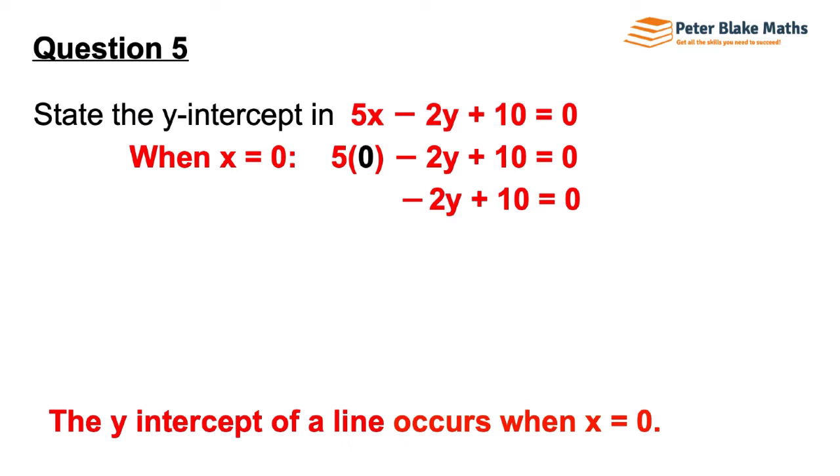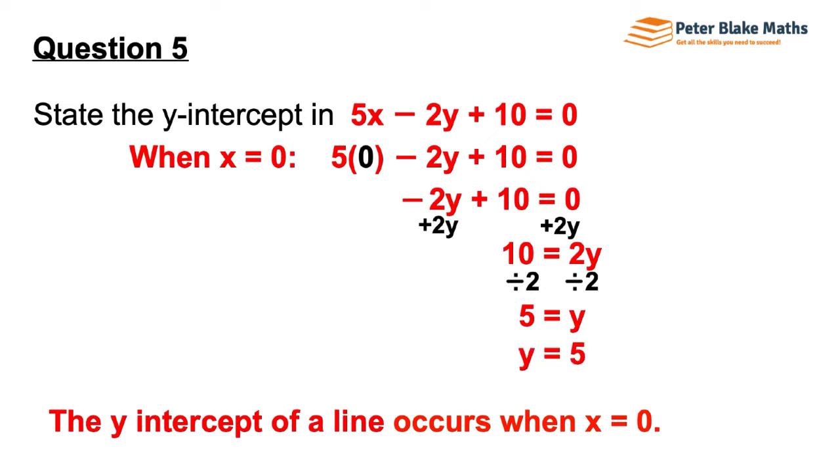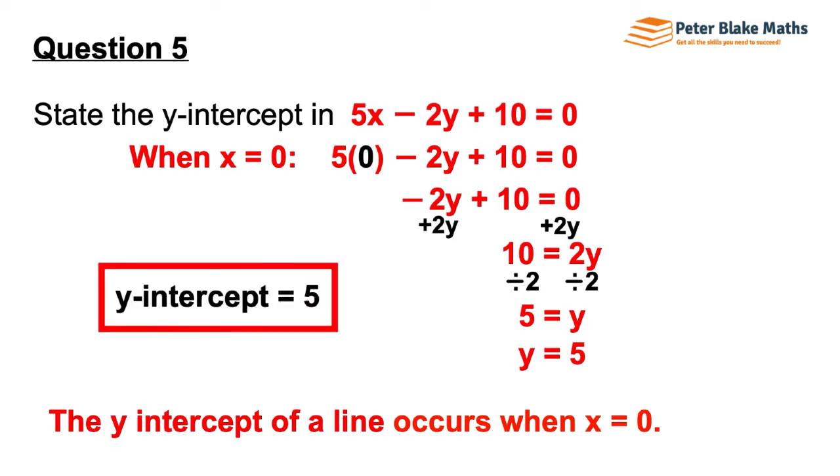We want to get y on its own, so we add 2y to both sides, leaving us with 10 equaling 2y. We divide by 2 on both sides, leaving us with 5 equaling y, or y equaling 5. So our y-intercept in this case is 5.